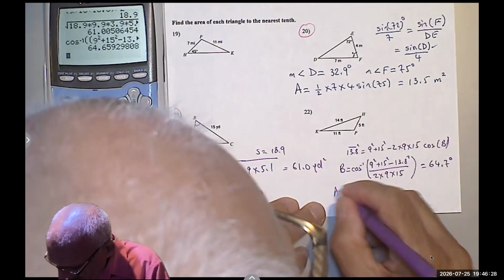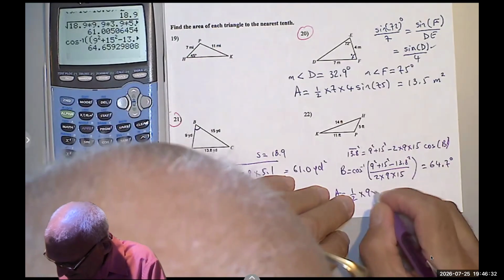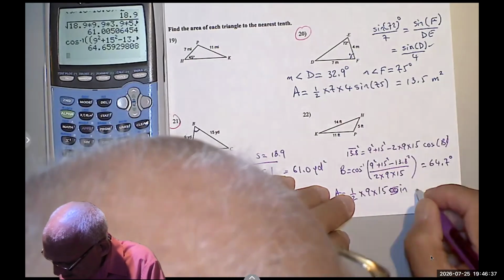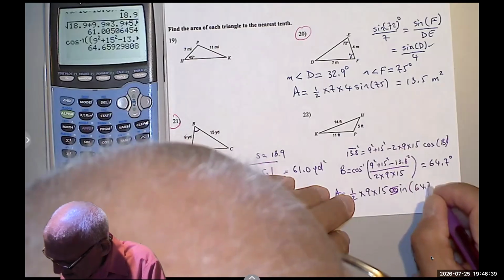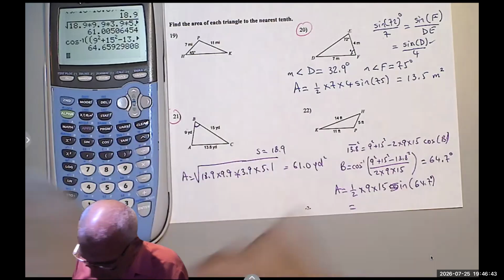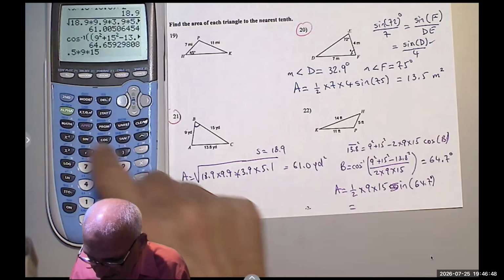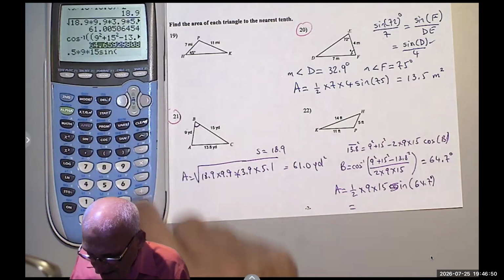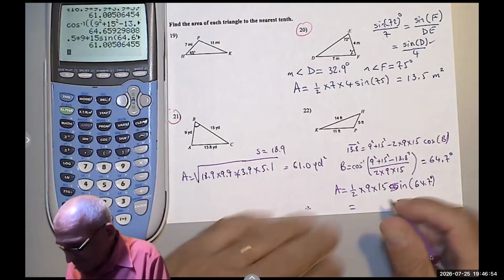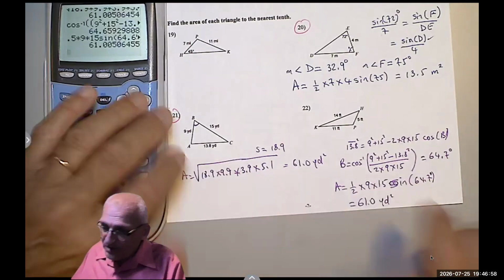So now the area equals 1/2 times 9 times 15 times sine of 64.7 degrees. Okay, so 1/2 times 9 times 15 sine this angle is 61 again. To one decimal place it is 61.0.